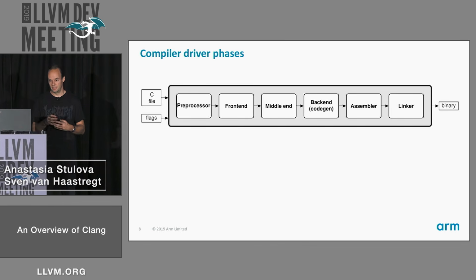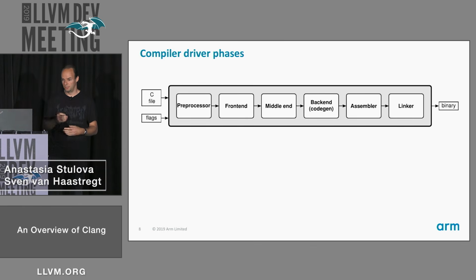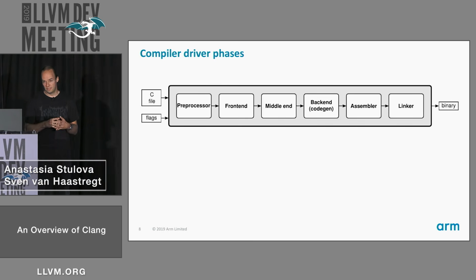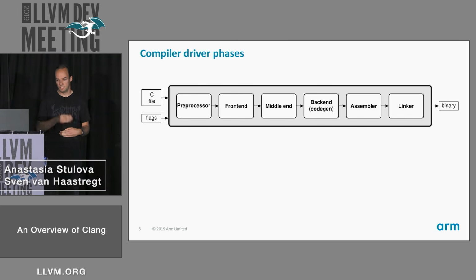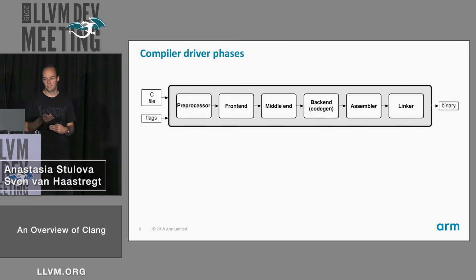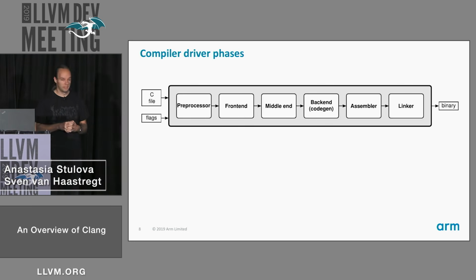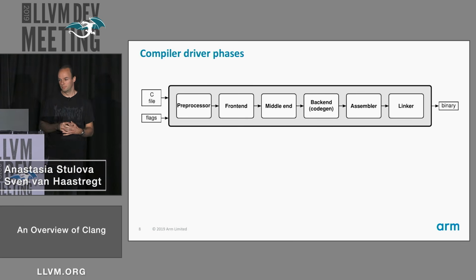The result of that is massively expanded, and that goes into the front end. Front end produces some kind of intermediate representation. The middle end takes over and does optimizations and transformations on this intermediate representation. Eventually, it will go through the back end, which is going to produce assembly instructions. And the assembler will assemble these into an object file. And then the linker will run and possibly combine multiple object files into a single binary.